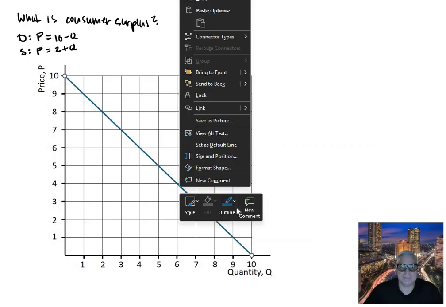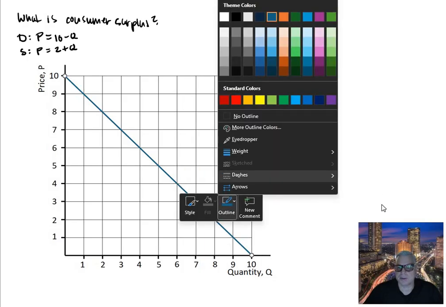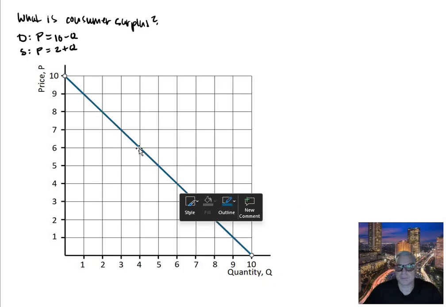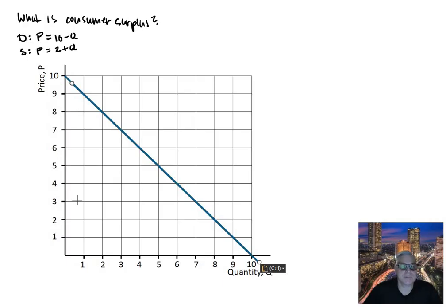And the supply function starts at 2 and has a slope of 1. So it's like this. So this is our demand and our supply.